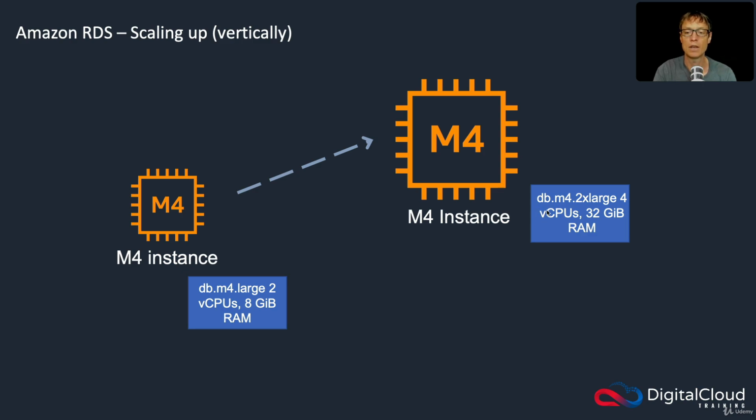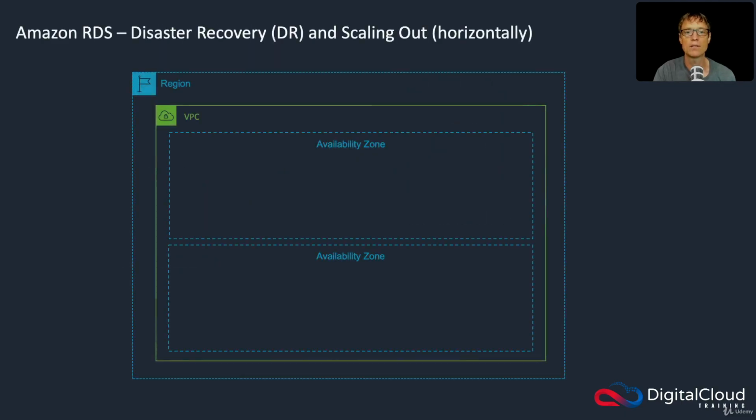So why don't I change my instance type to an M4.2xlarge, and that has 32 GB of RAM, so now I've got lots of memory. As I mentioned, that will incur downtime, but that's a way that you can increase the performance of your RDS database. The other way that you can scale RDS is by scaling out, and you can also add disaster recovery as well. So let's look at what features are available to do that.